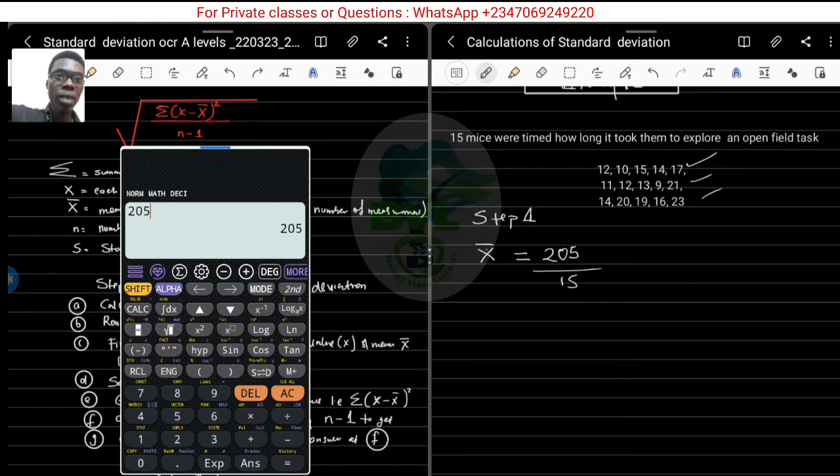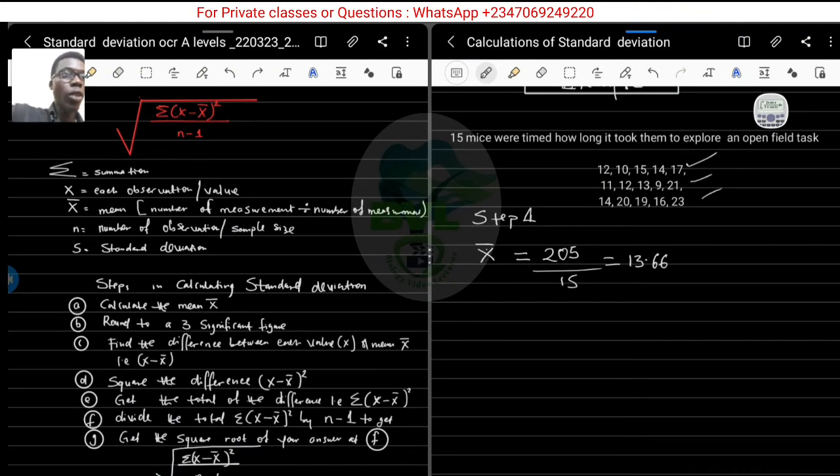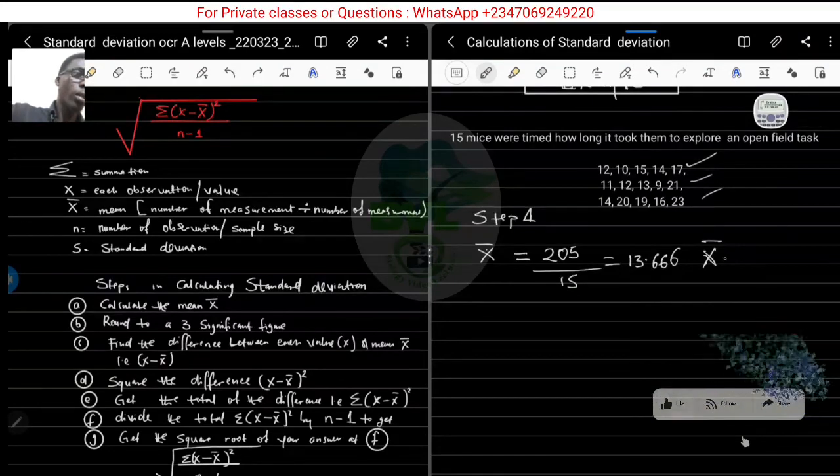So 205 divided by 15 gives us 13.66. Now I want you to pay attention to something here. We had 0.66666 and so on, but here it says round off to 3 significant figures, so we might just stick to 13.7.